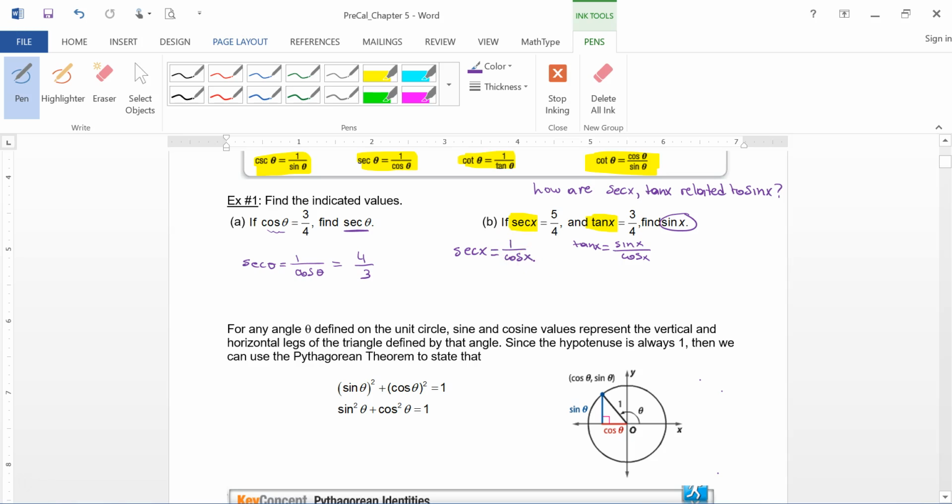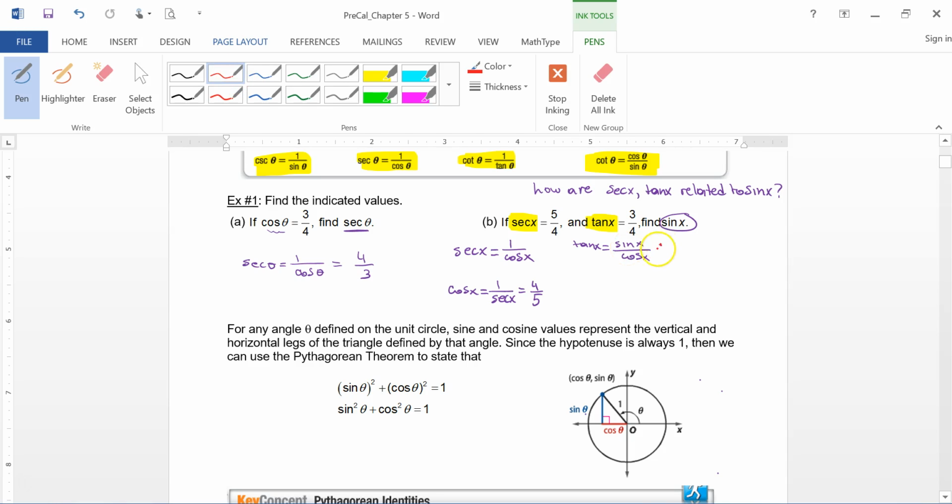So, if I know what tangent is, and I know what cosine is, I can easily find sine. Okay? So, if secant of x is 5 over 4, cosine of x is 1 over secant of x, 4 over 5. We're okay so far?